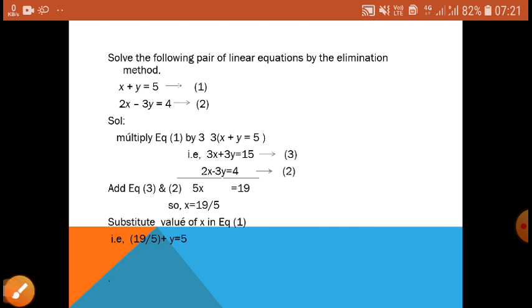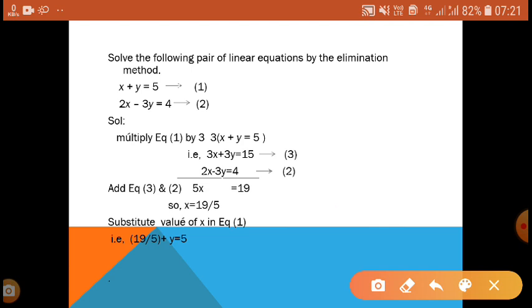So I am going to substitute in equation 1. In place of x, I replace the value 19 by 5, and I will get 19 by 5 plus y equal to 5. Right?